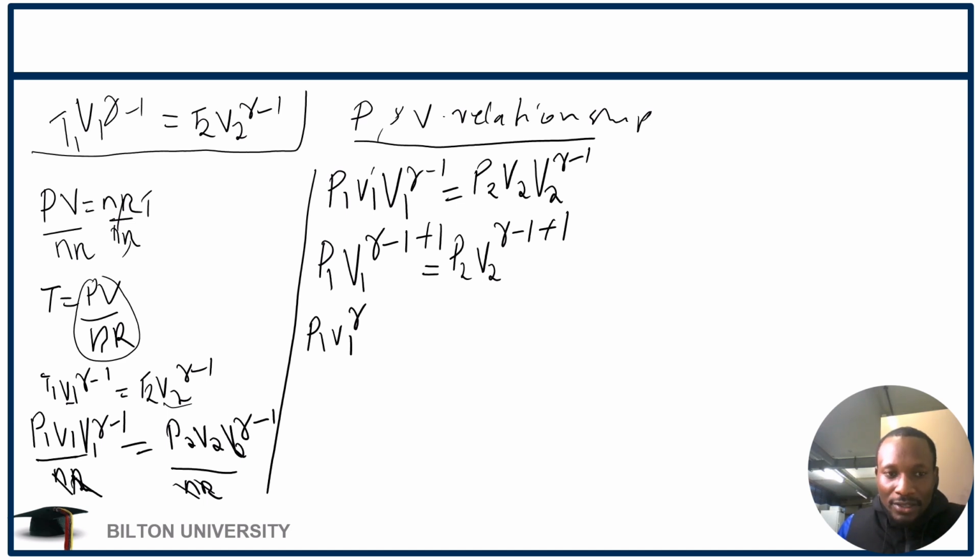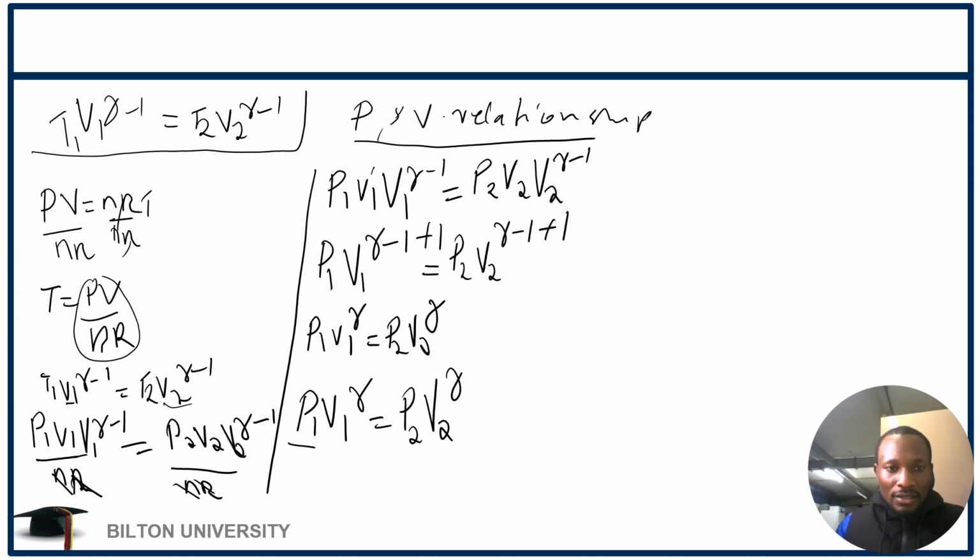Minus 1 plus 1 leaves us with gamma, and finally we can say that P1 V1 to the power gamma is equal to P2 V2 to the power gamma.